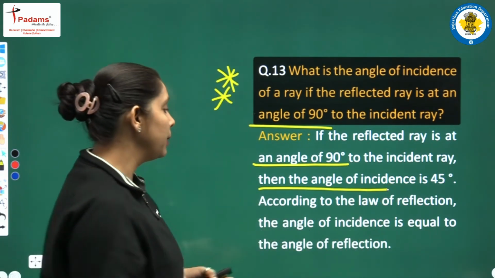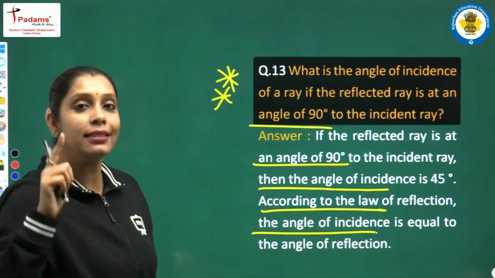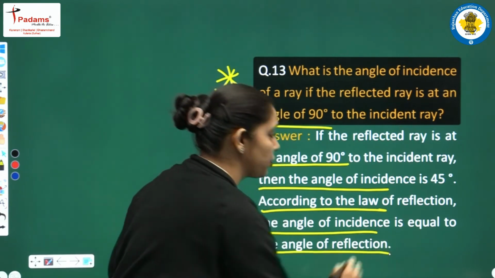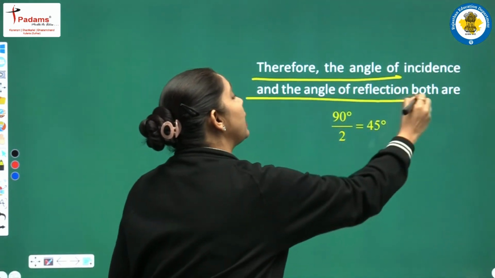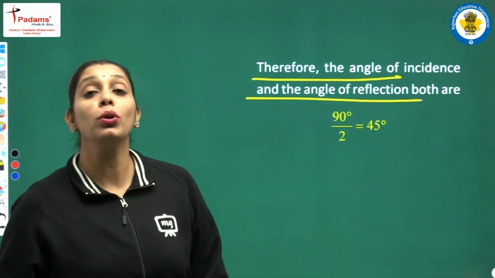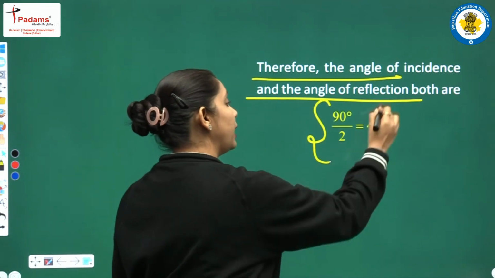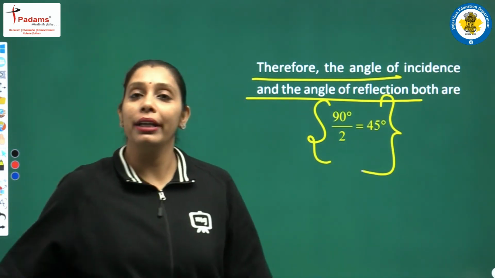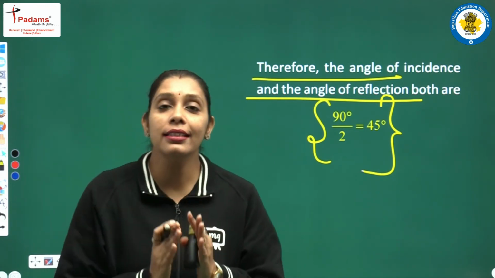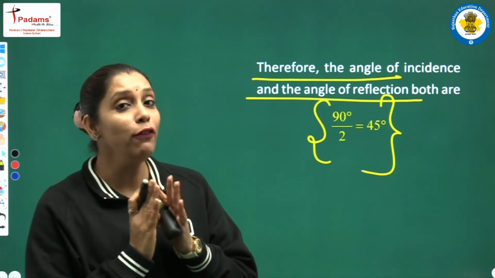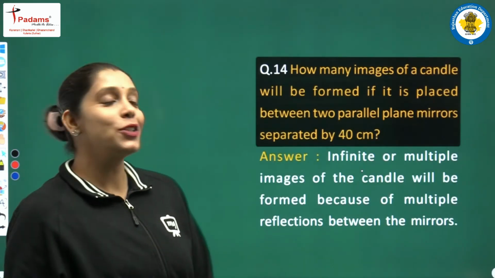Obvious सी बात है. According to the law of reflection, the angle of incidence is equal to the angle of reflection. So students, therefore the angle of incidence and the angle of reflection both are 45 degree because 90 divided by 2 gives 45 degree, and angle of incidence is always equal to the angle of reflection. Khatam? Move to the next question.